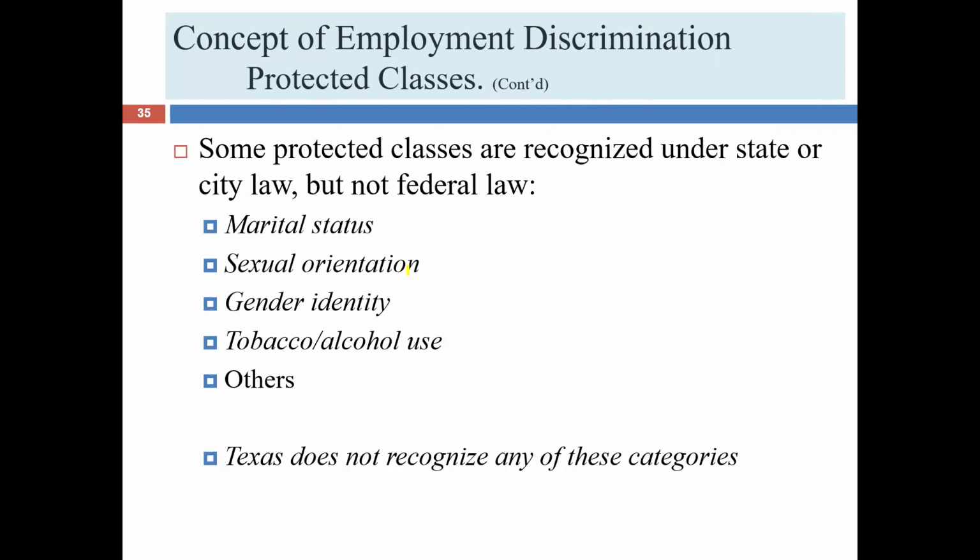So some states have laws that say, well, employers can't regulate that. Other categories can be nepotism rules or relationships outside of work. So an employer can't, for example, prohibit employees from dating outside of work, or dating each other outside of work, or that type of thing.